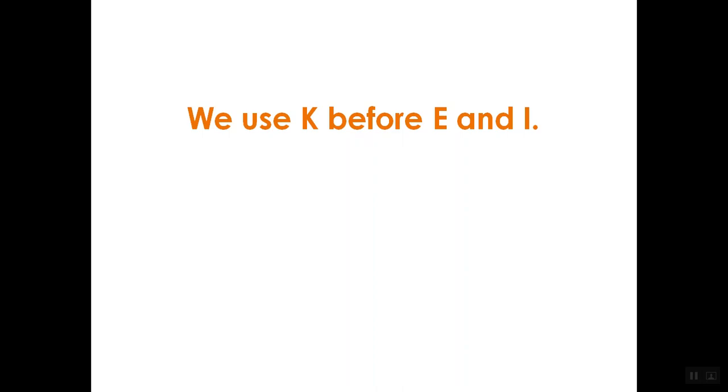Each word is going to have one spelling with a C at the beginning and one spelling with a K at the beginning. And we need to figure out which one is correct.